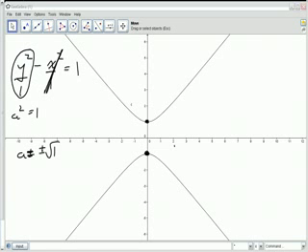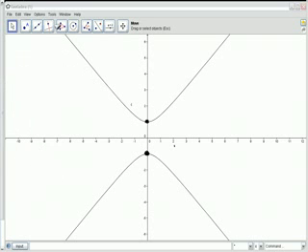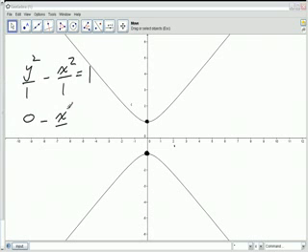Okay? Now let's consider what happens if x equaled 1 and y equaled 0. Now y squared over 1 minus x squared over 1 equals 1. If y were to be 0, I'd have 0 minus x squared over 1 equaling 1, which would really mean that x squared equals negative 1.